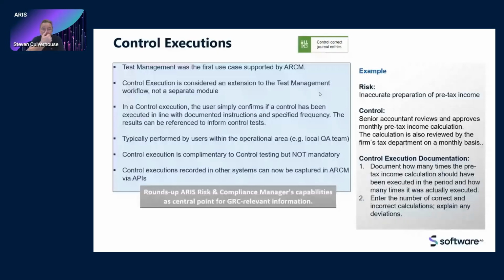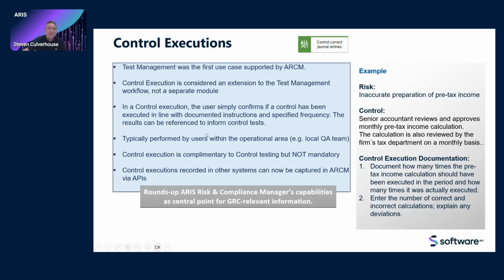As it says here, the results of these executions can then inform the control tests as well, because that might be something you want to know in a control test. But rather than going searching for that information yourself, if you've got executions established that operate on a regular basis, then you can look at their results to find that information.